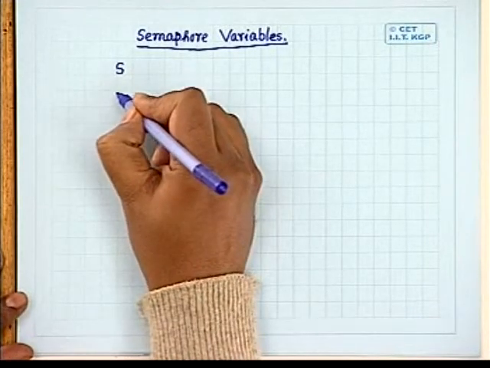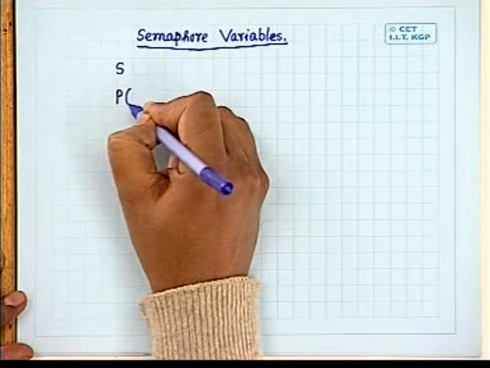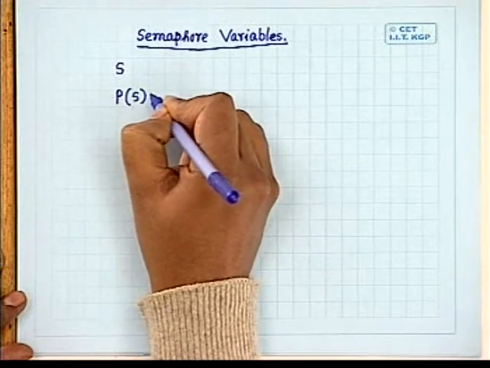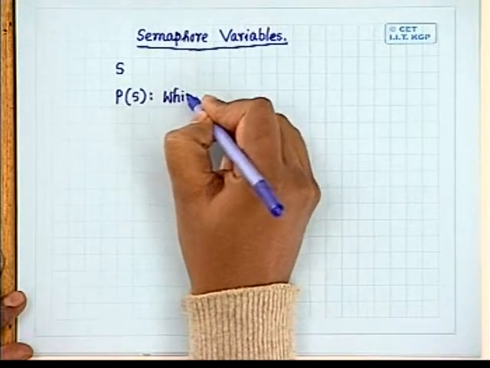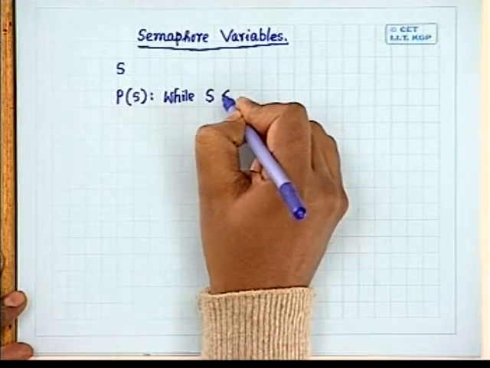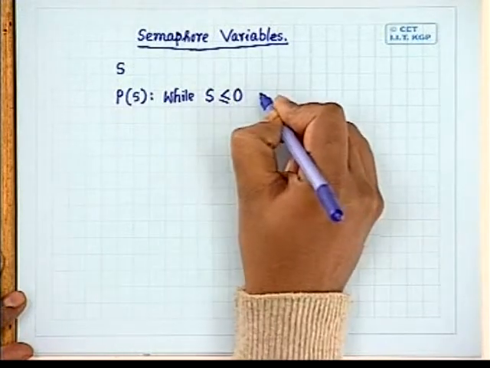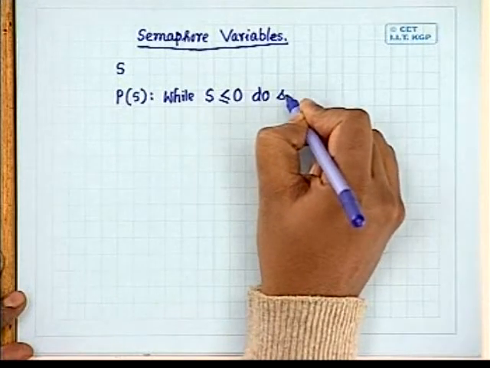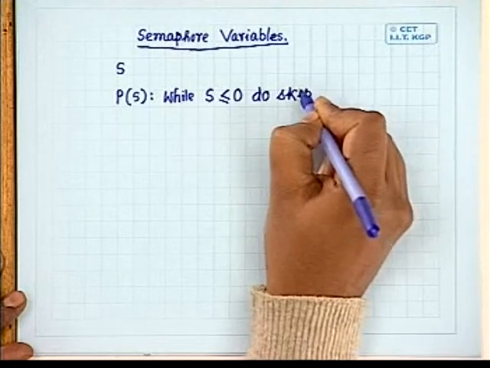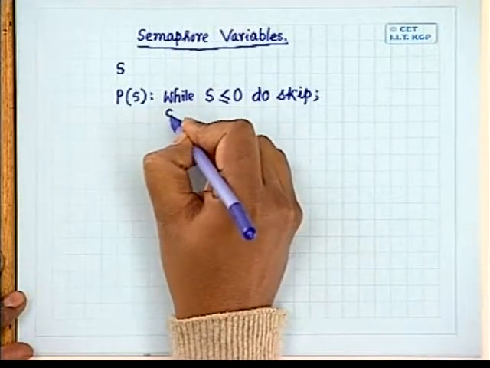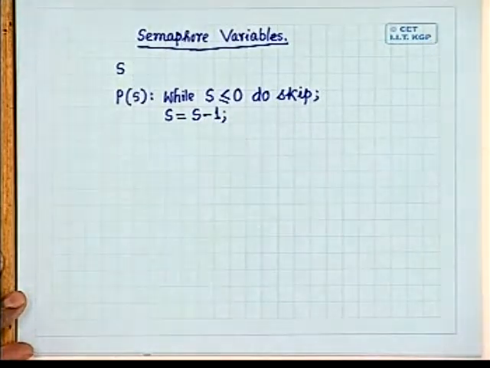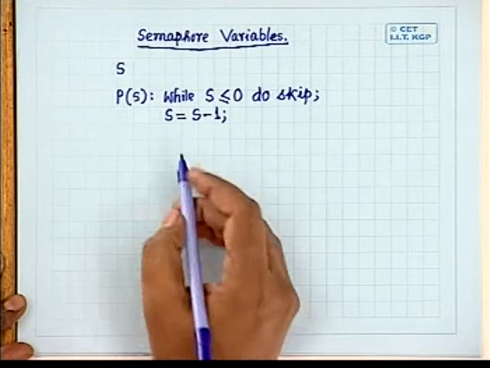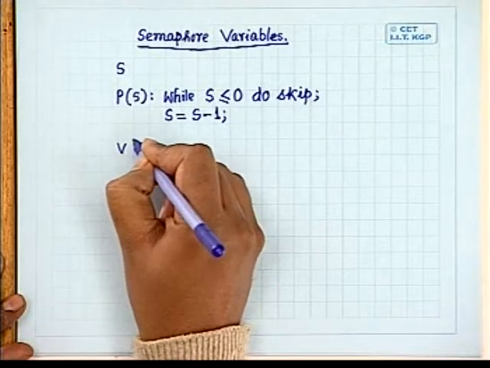So the P(S) operation is like this: while S is less than or equal to 0, do skip; S equal to S minus 1. Okay. So this is the P(S) operation. Similarly, V(S) operation is simply incrementing the semaphore variable by 1.